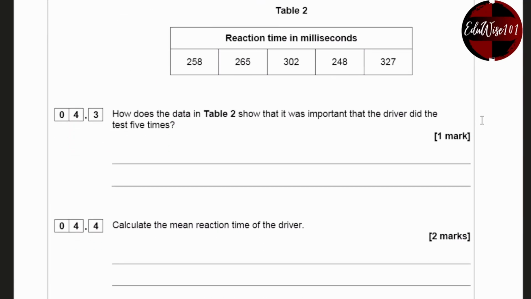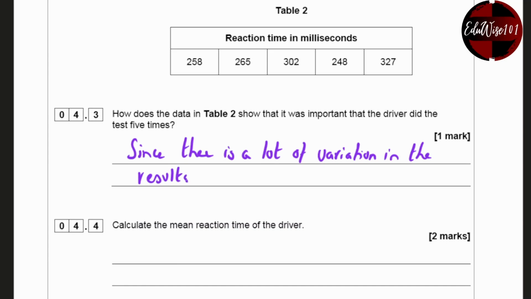How does the data in table 2 show that it is important that the driver did the test 5 times? Why do you need to do it 5 times? Because there's a lot of variation in the results, or you could say there's a lot of anomaly as well.